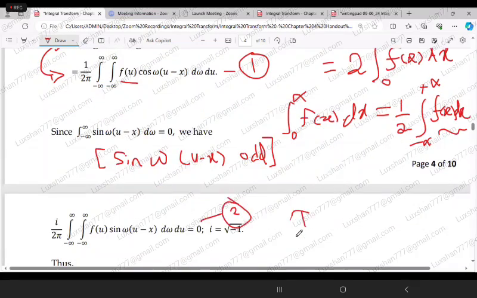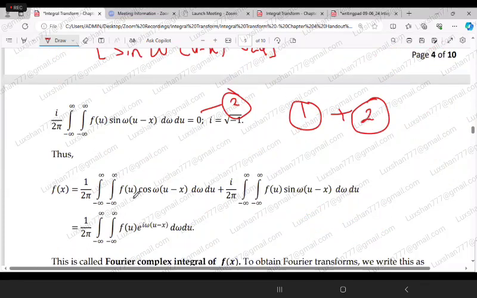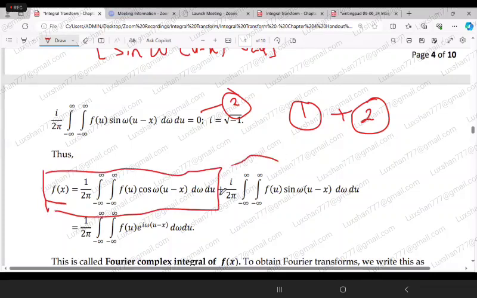Now, if I add 1 plus 2, what I can have here, actually this part I have added. f of x is actually this one. This is correct, but this is 0. Therefore, we are just adding that one. Actually, this is the original one, and since this part is 0, I am adding it, so it will make no effect.